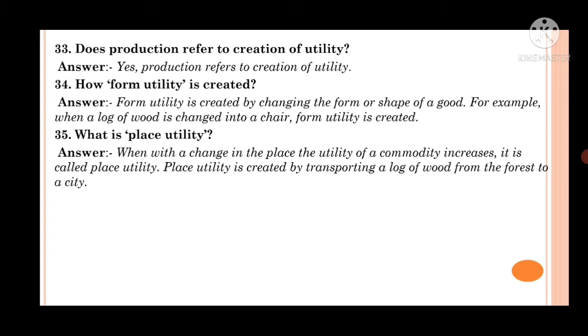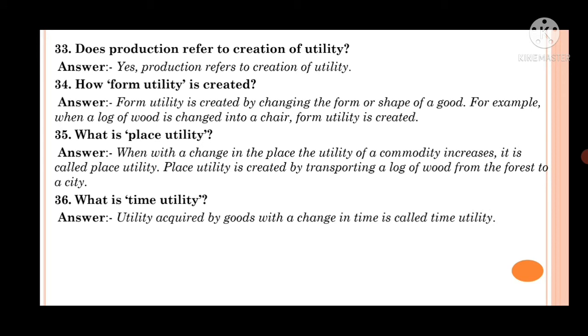Then question number 36, what is time utility? Answer is, utility acquired by goods with a change in time is called time utility. With a change in time, when utility of some good is created or its value increases, you say time utility is created. Okay. Then question number 37, how is service utility created?